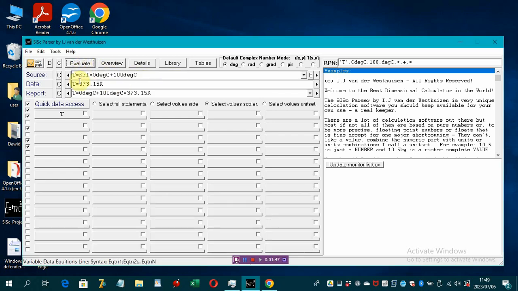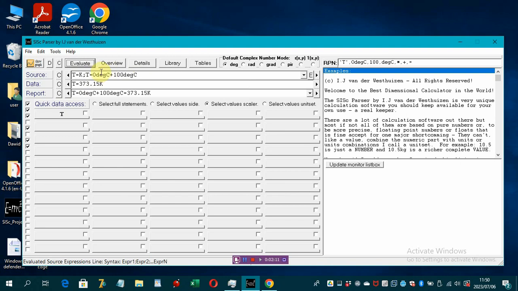And it should be that temperature, 373.15 Kelvin. That is actually 100 degrees Celsius, and I've added the 0 degree of that, that's 0 degrees C, the 0 point of the degree Celsius scale.